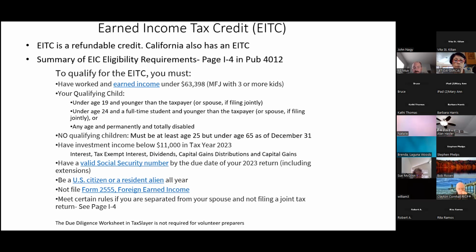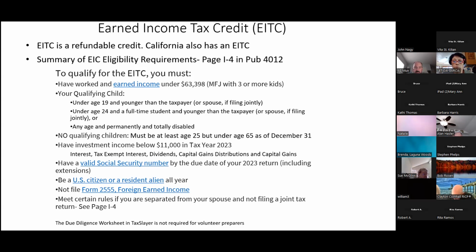And then another one, you have to have a valid Social Security number. And that's typically not a bridge too far for most of our VITA clients. You've got to be a U.S. citizen or a resident alien. And then there's another rule. It says you can't file the Form 2555. And the 2555 deals with the foreign earned income exclusion. And so that's a question that pops up. Typically, our VITA clients are not going to file the 2555.